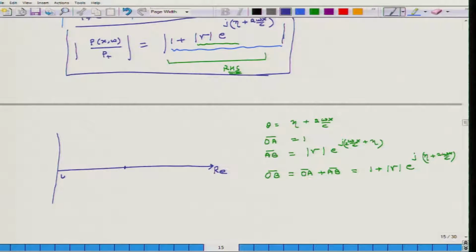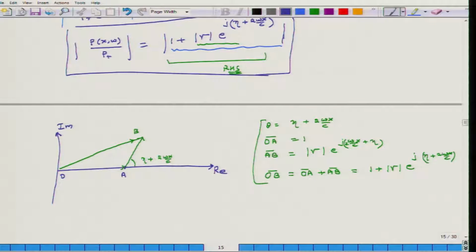So, this is OA, this is point B, this is the overall thing. This angle is eta plus 2 omega x over c. This is my real axis and that is my imaginary axis. Okay.